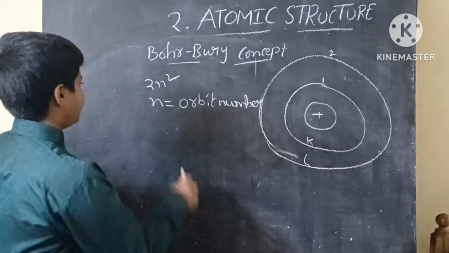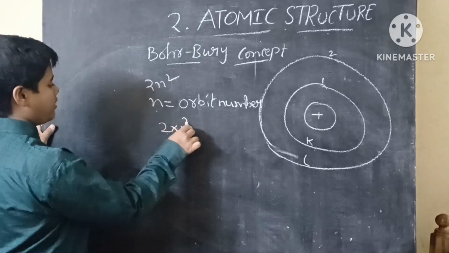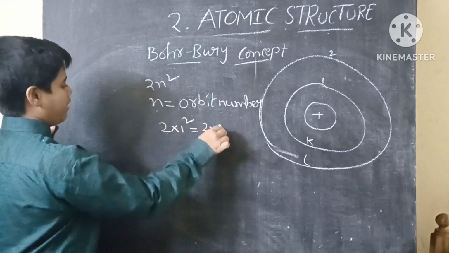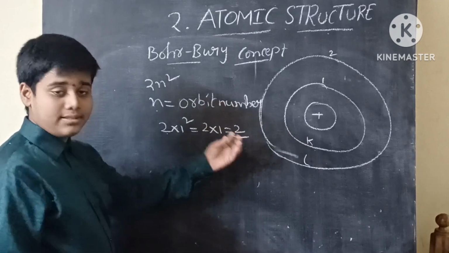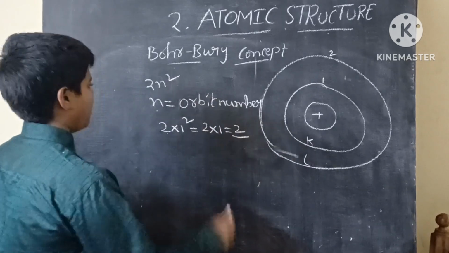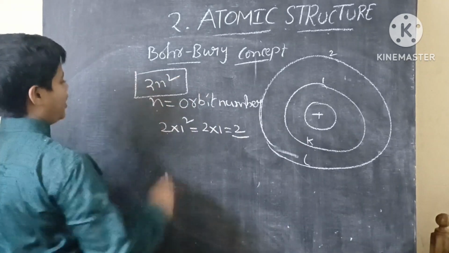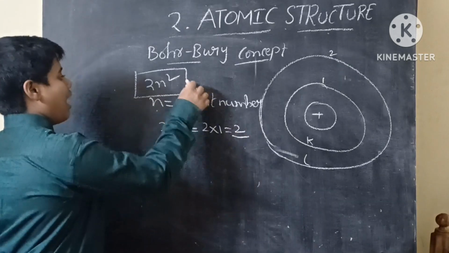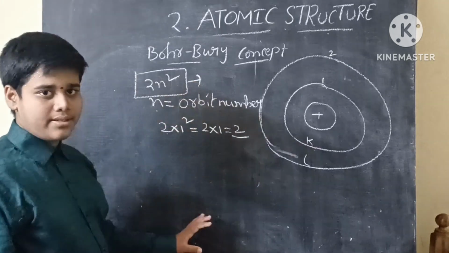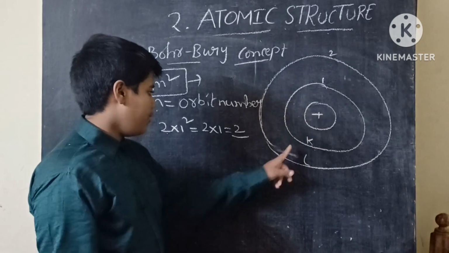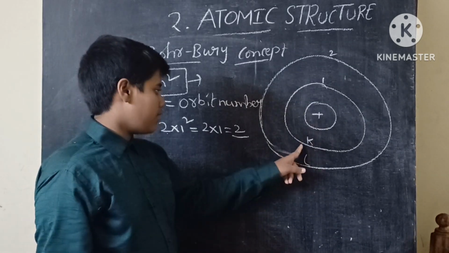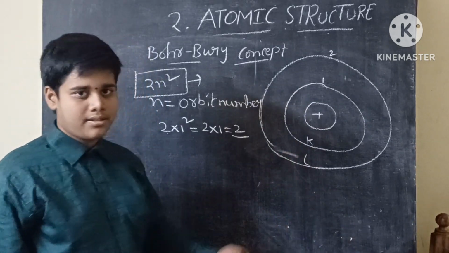So if I substitute 2 into 1 square, which means 2 into 1, which is equal to 2. Here 2 means, what is the value of 2? For what purpose do we use this formula? It tells how many electrons are present in one shell. How many electrons will be present in first orbit, second orbit, third orbit and so on.